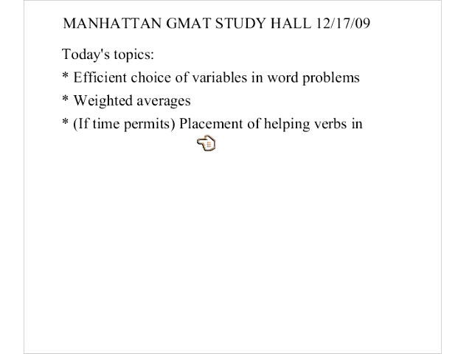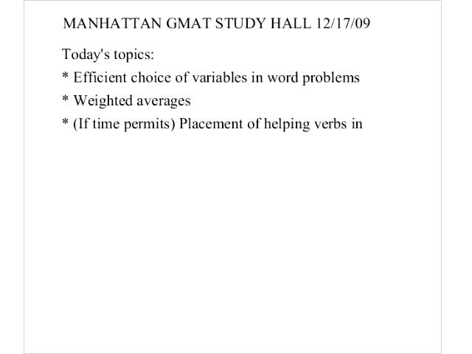So again, here are today's topics for the study hall. We're going to talk about how to choose variables most efficiently in order to solve word problems. This is a somewhat mid-level topic. Our discussion of weighted averages today is going to center around a shortcut for weighted averages.